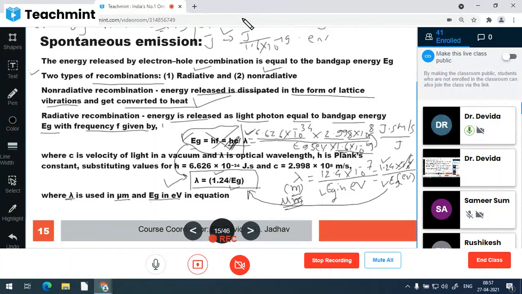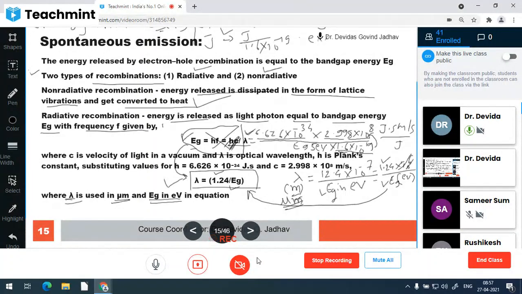Okay. So lambda equal to 1.24 divided by Eg, where lambda is used directly in micrometer and Eg is used directly in electron volt in this equation. This is the condition: Eg should be substituted directly in electron volt and you will get lambda in micrometer, or substitute lambda directly in micrometer and you will get Eg in electron volt. So this is a simplification of the formula, nothing else, that we discussed yesterday also.